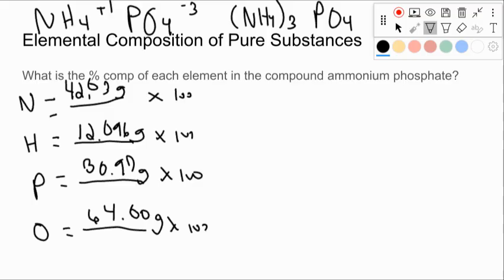So I have 42.03 plus 12.096 plus 30.97 plus 64. And that gives me 149.096. And I didn't leave myself a lot of room to put this on the bottom of the ratio.